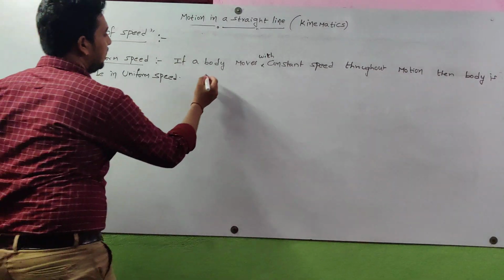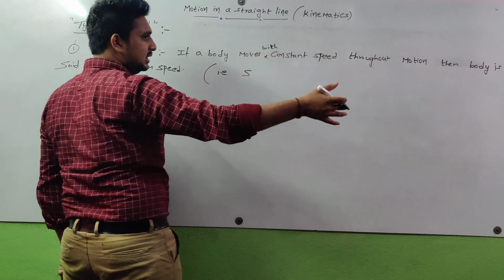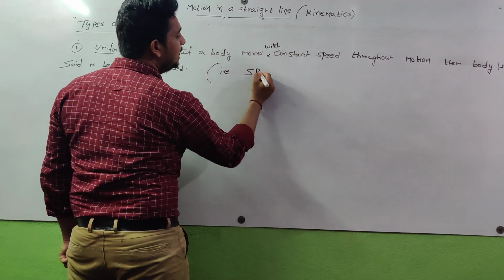So this is the definition for uniform speed. The main important thing is that throughout the entire motion, speed is constant.